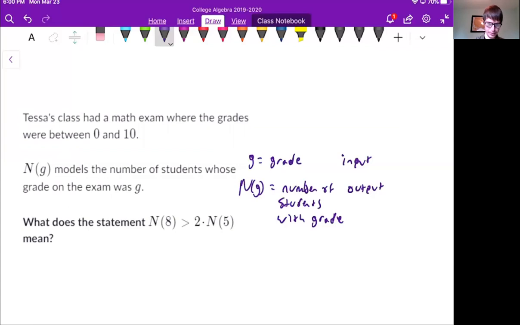All right, that's important. So if I say N of 1, that's the number of students who scored a 1. Or if we say N of 10, that's the number of students who scored a 10.